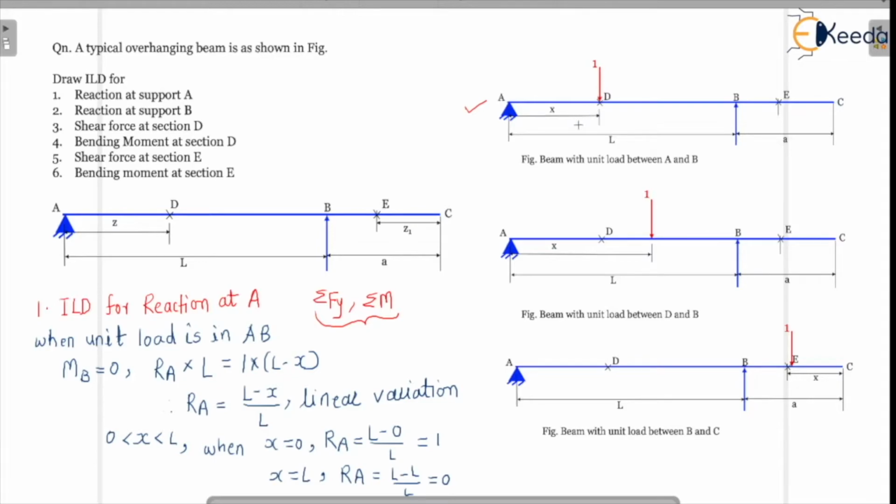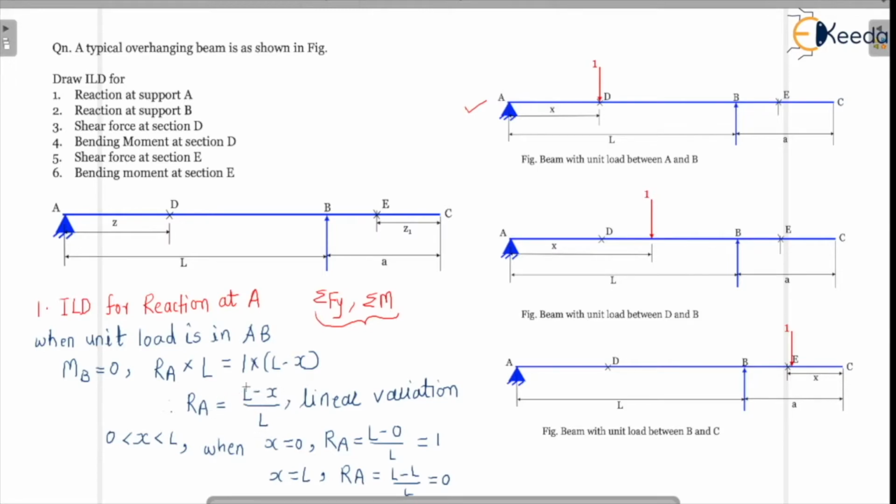Moment about B means load into perpendicular distance. So RA into L, and the one unit load into this distance, that is 1 into L minus X. With this we get our support reaction RA is equal to L minus X by L.